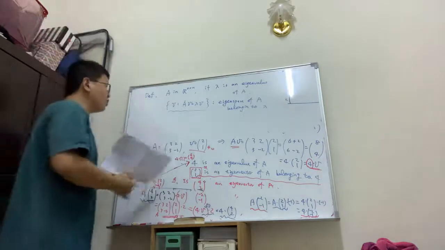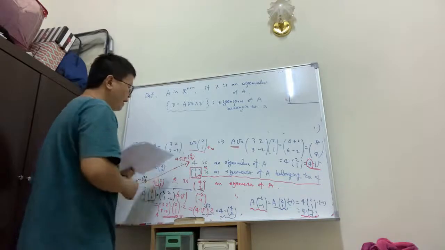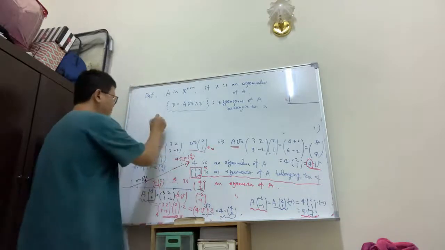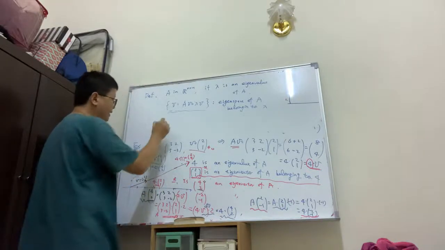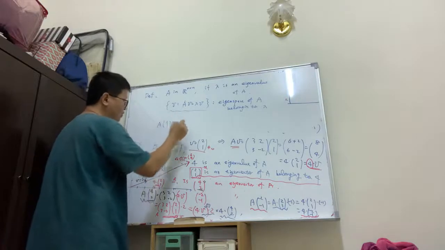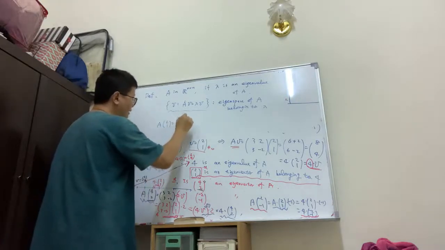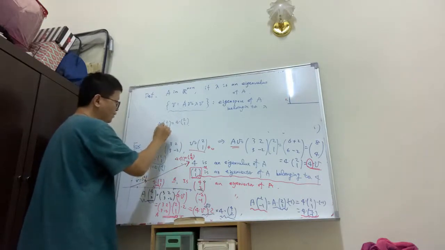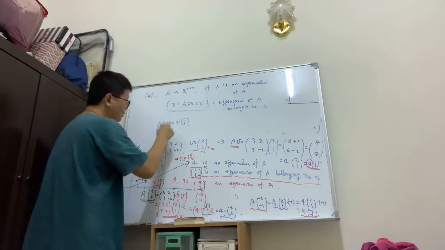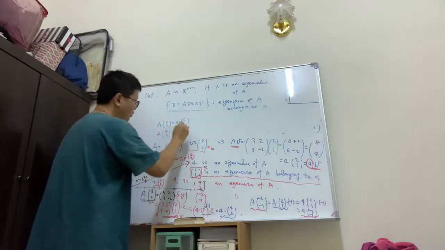And actually, we also could consider the addition. If the matrix A times 2, 1 equals 4 times 2, 1, and we have another vector, for example, 4, 2, with A times 4, 2 equals 4 times 4, 2.